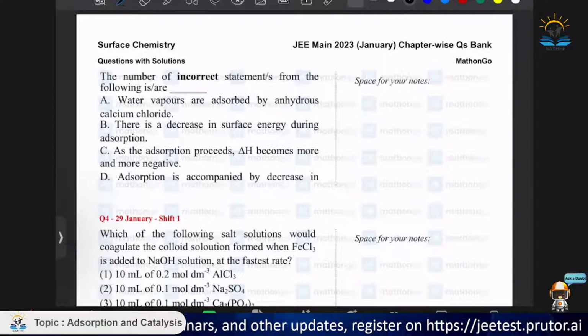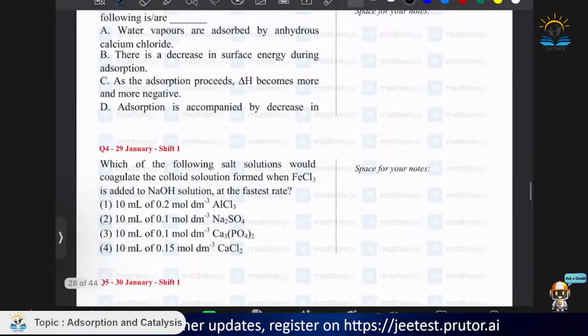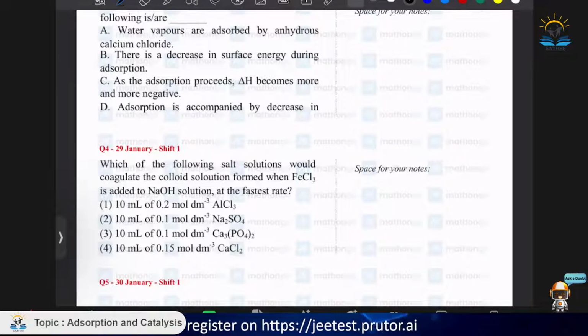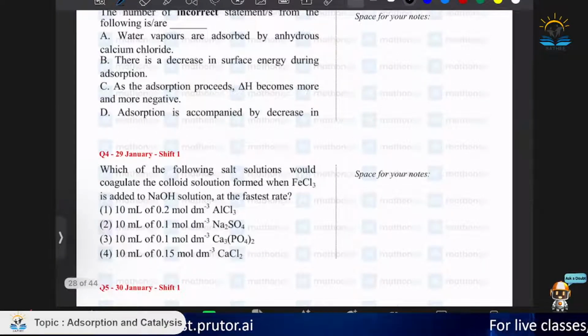Definitely, it is released as heat. As the adsorption proceeds, delta H becomes more and more negative. It is not true. See, as the adsorption proceeds, delta H becomes more and more negative.